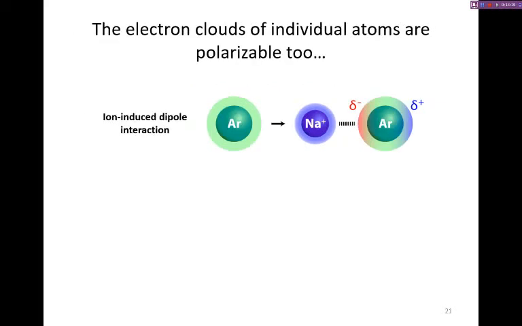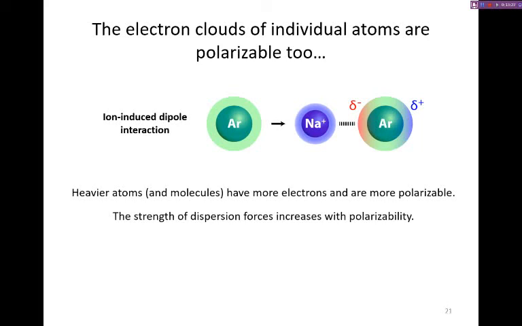We can achieve the same effect on individual atoms as well. It does not need to just be in a molecule. And it turns out that heavier atoms or molecules have more electrons. They're more polarizable. And therefore, the strength of the dispersion forces will increase within them.